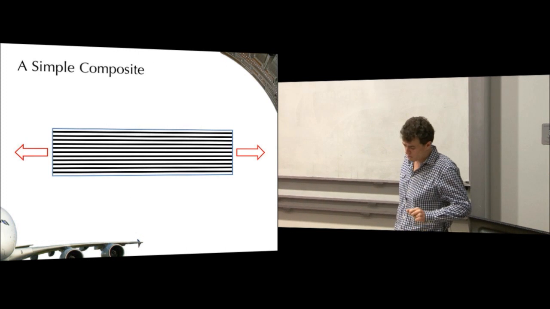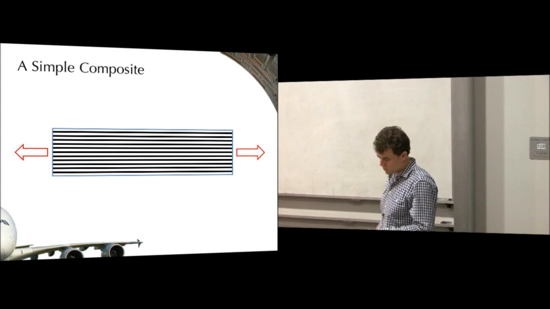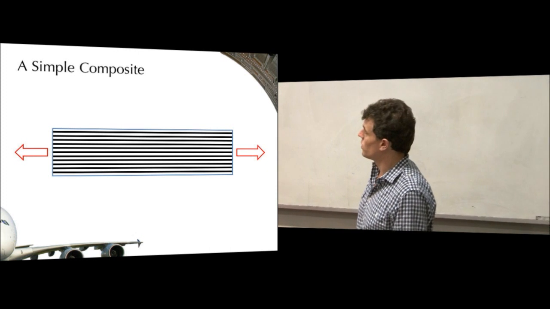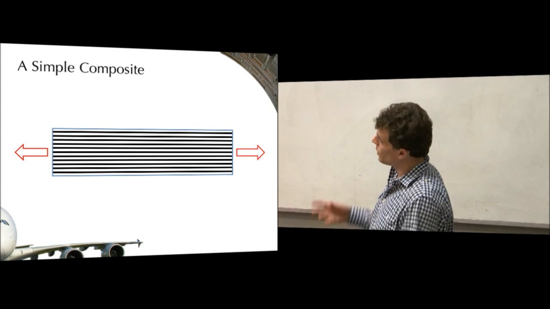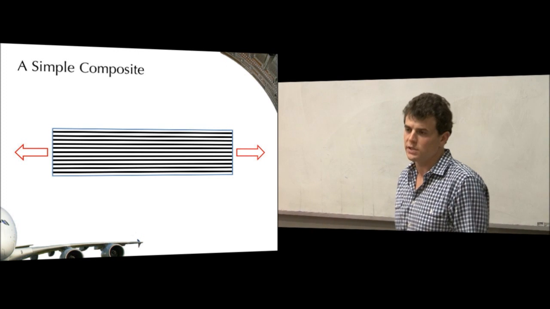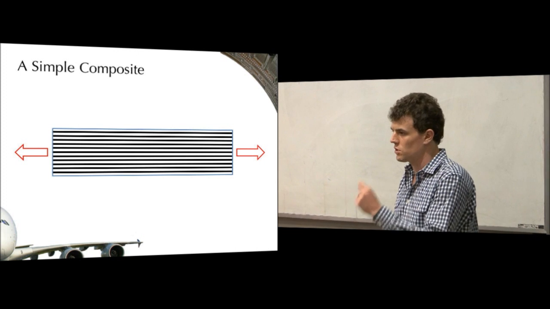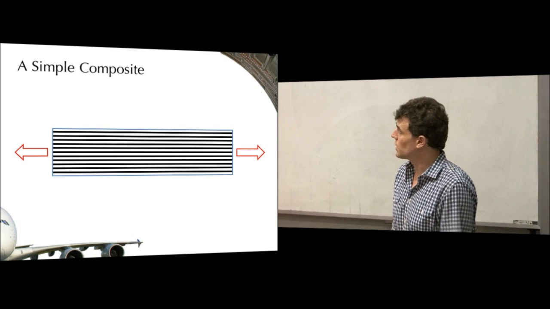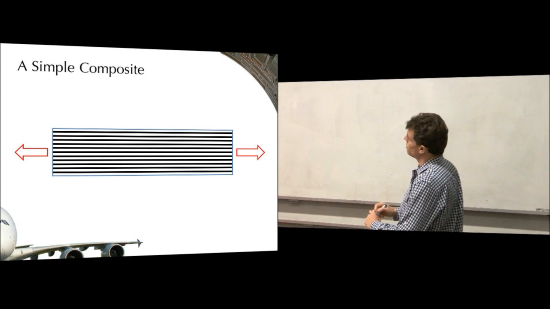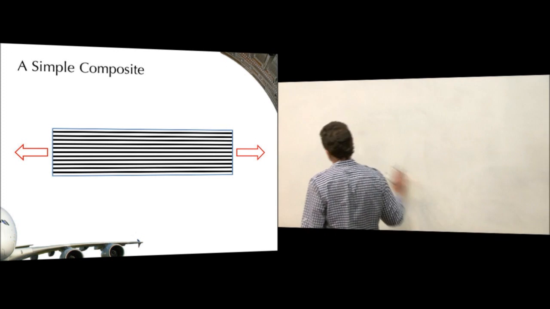So the simplest composite that we can really imagine, simplest fibre composite is this one. I've drawn the fibres very big there, but in reality you can't really see the fibres when you look at a composite because they're so small. But we've taken a bunch of fibres and put resin around them.